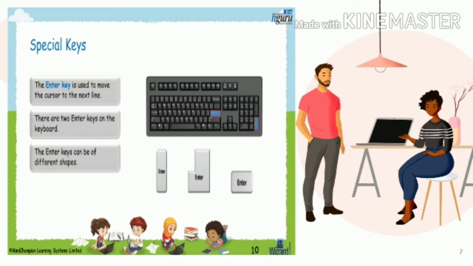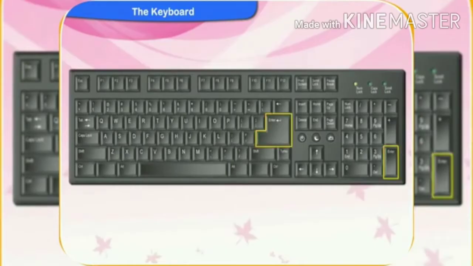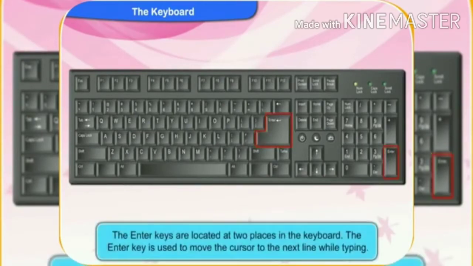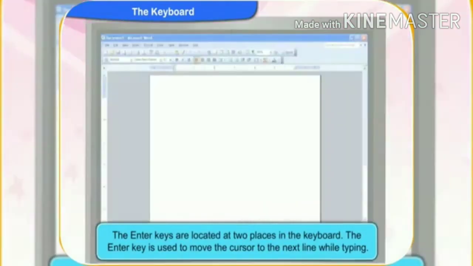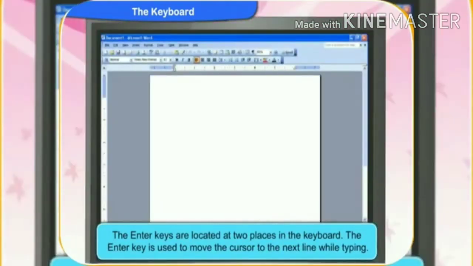You can see in the picture the different shapes in which enter keys are available. So students, what are these two big keys which have enter written on them? They are the enter keys. They are located at two places on the keyboard. The enter key is used to move the cursor to the next line while typing.